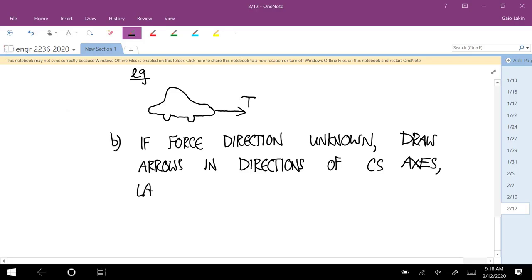And label that with a vector variable or value.